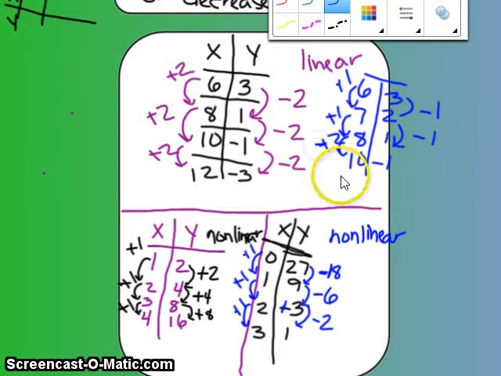If it doubles on the x, it has to double on the y. So it has to be -2. Okay, so as long as it has that constant rate on the left, constant rate on the right, it works.